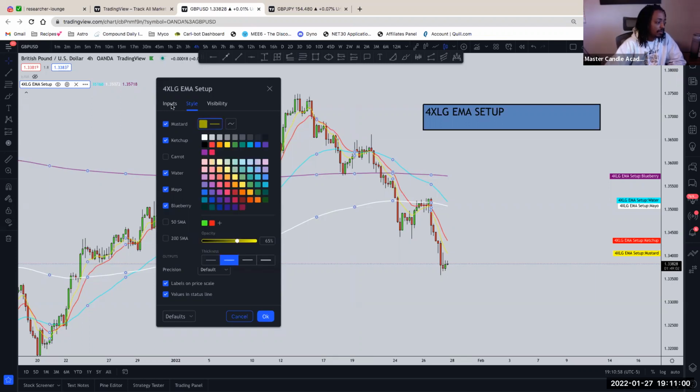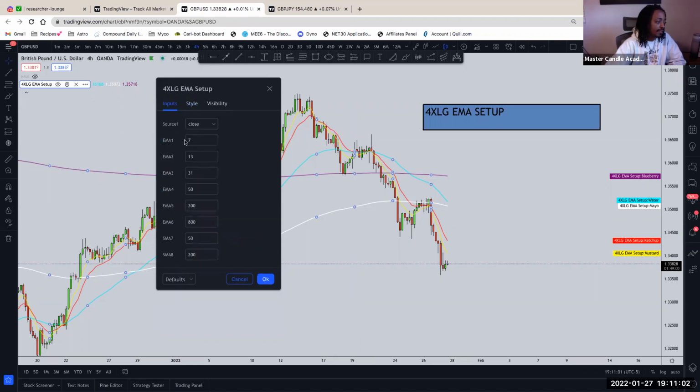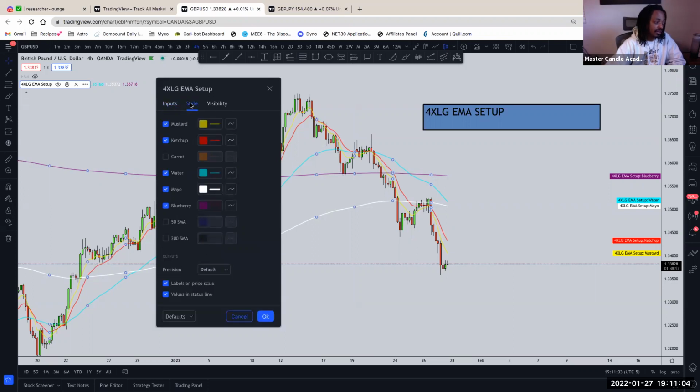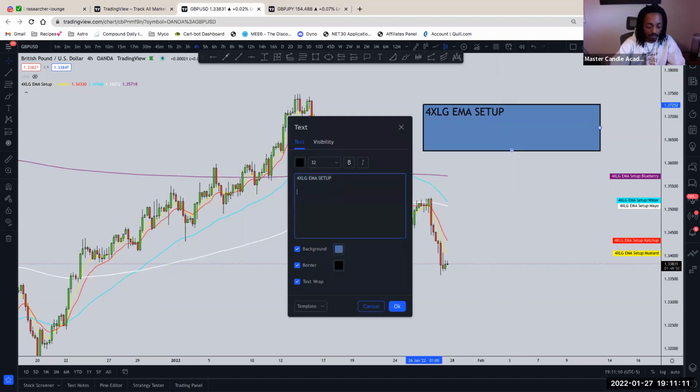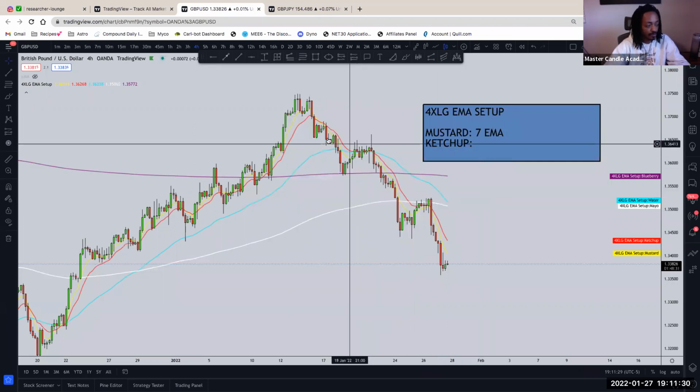Mustard, right? Mustard is going to be the 7 exponential moving average. Right, so we've got mustard. That is the 7 EMA. After mustard comes ketchup, which I personally don't think they belong together on burgers, but some people do, so I'm not going to fight them there.